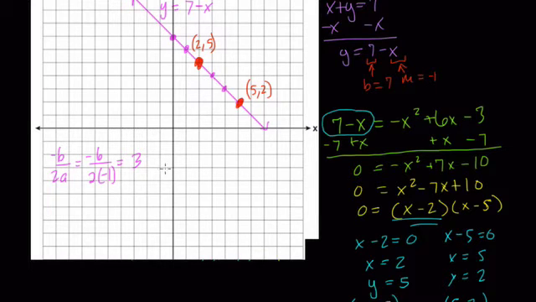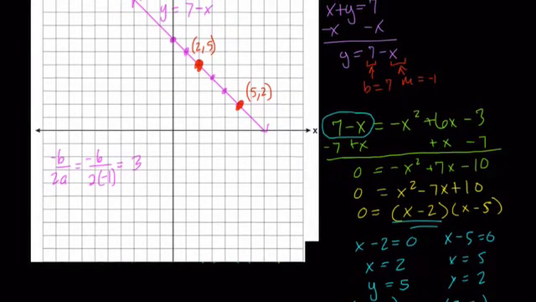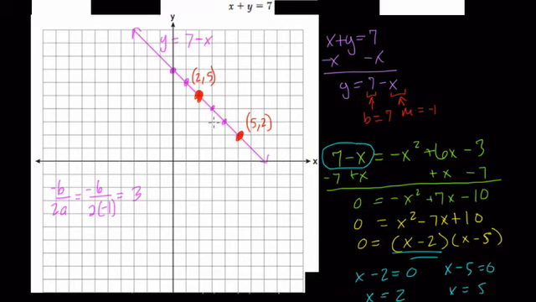Although something seems off there. Let me go back a second. The axis of symmetry has to be about halfway between these 2 points here. So here, if I'm at (2, 5) and (5, 2), the halfway point should be what? It should be 2.5, right? Not 3. Something's a little bit off. Oh, I'm sorry. No, it's okay.